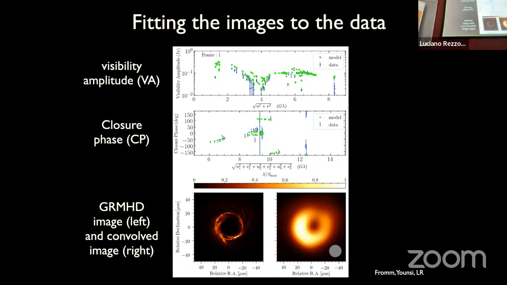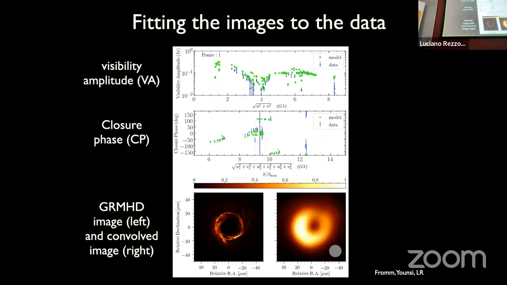Okay, so to explain how you do the matching between data and models, imagine you take a snapshot. This is a single snapshot of a GRMHD simulation, then you deconvolve it to reproduce the visibility of the EHT. This image you can transform, as I explained, into Fourier space, and you have the visibility amplitude and the closure phases.